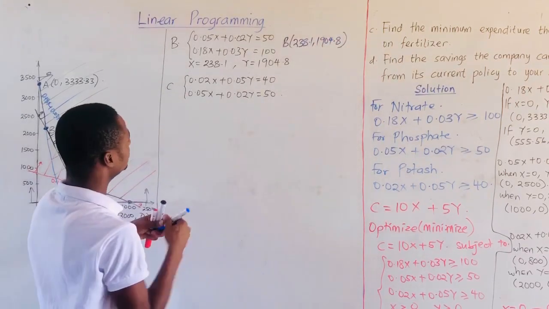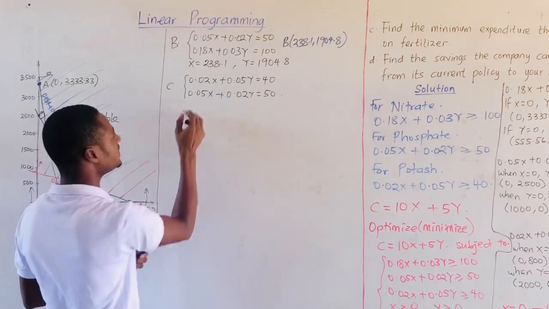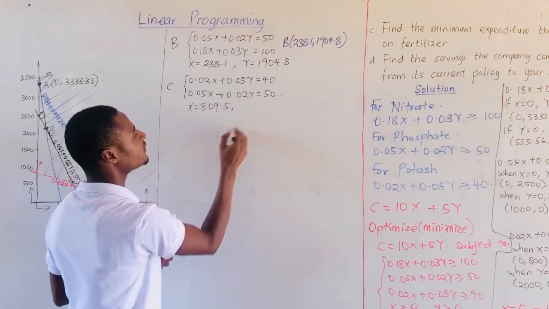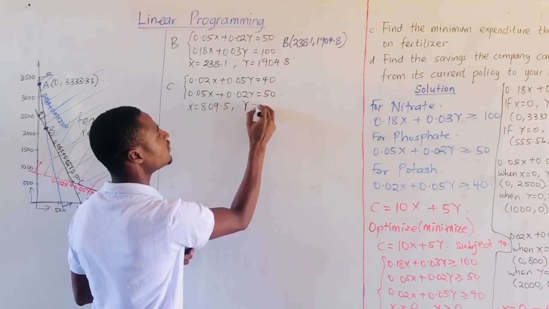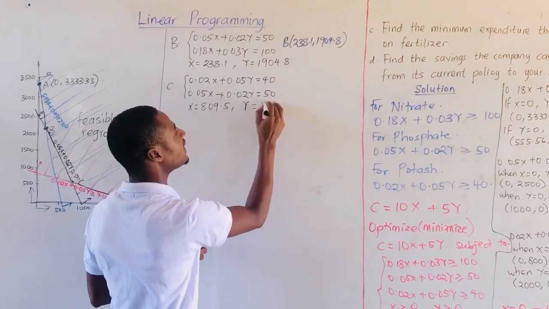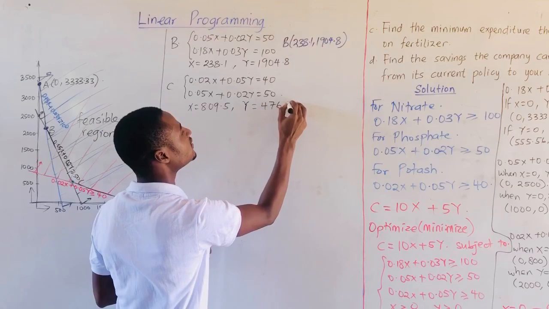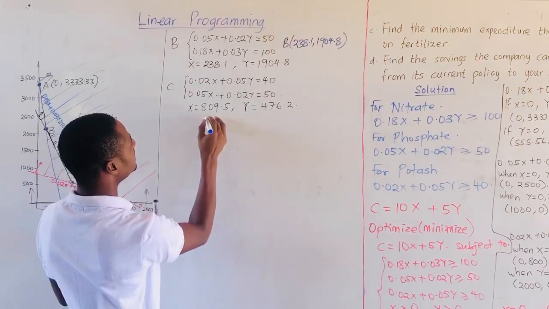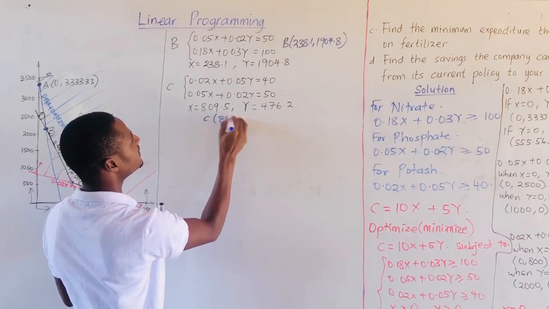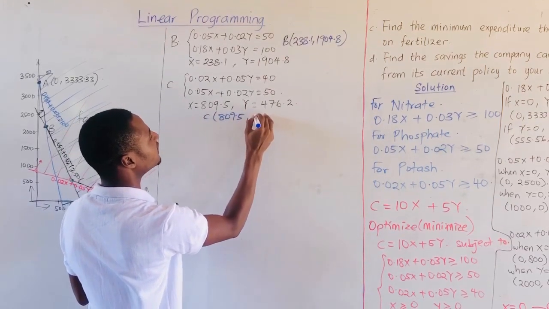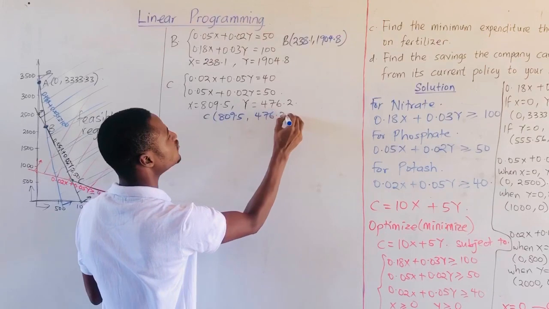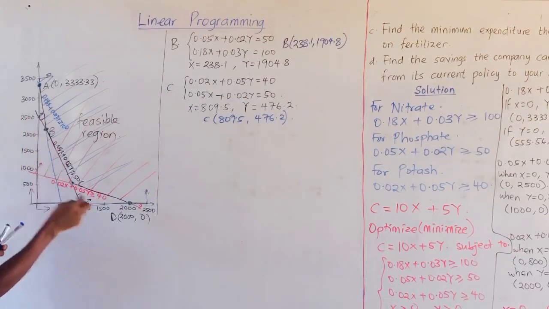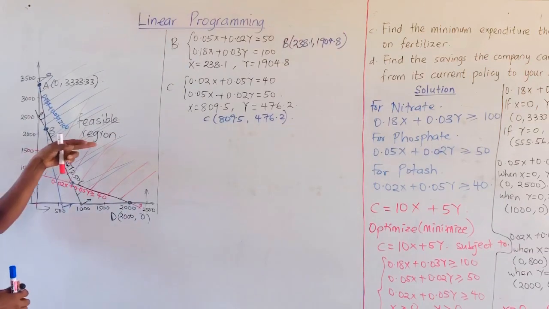And then when we solve this simultaneously, we have x is equal to 809.5, and then y is equal to, you can use the calculator to solve it simultaneously and get these answers. So our point C is also C(809.5, 476.2). These are the boundary points A, B, C, D of our feasible region.